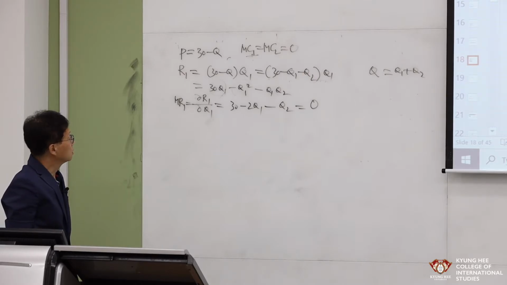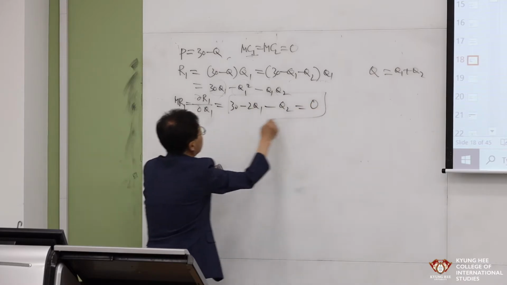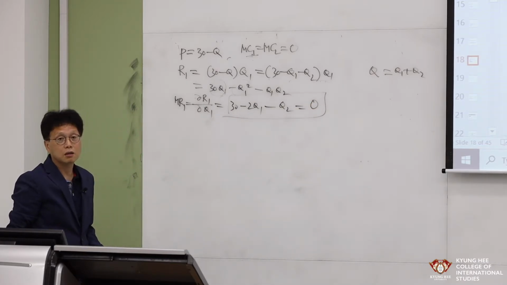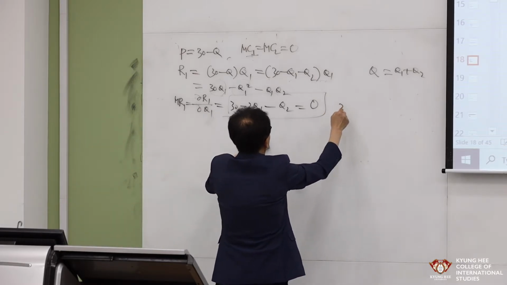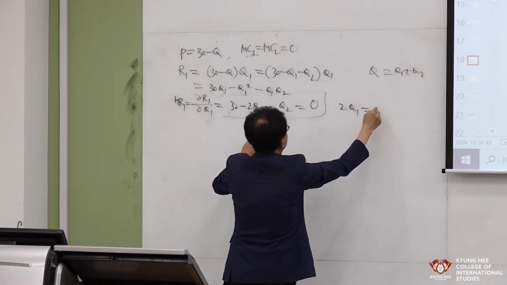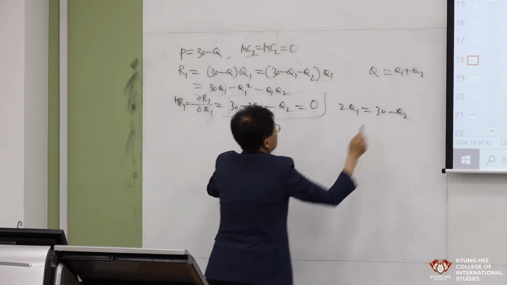Right? Then from here we can derive the reaction curve for Q1. Rewriting this, 2Q1 is equal to 30 minus Q2, isn't it?